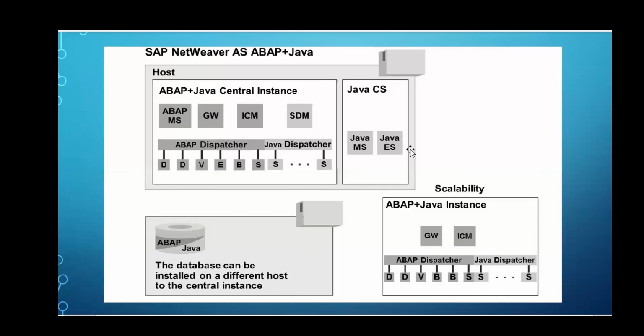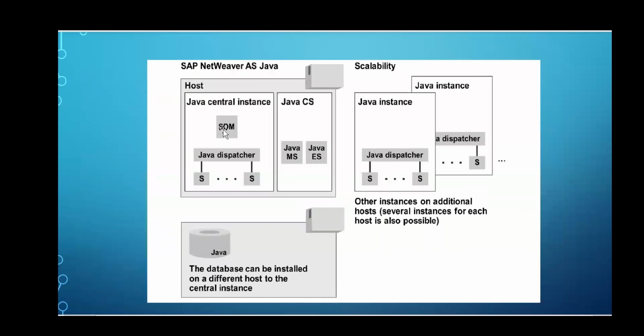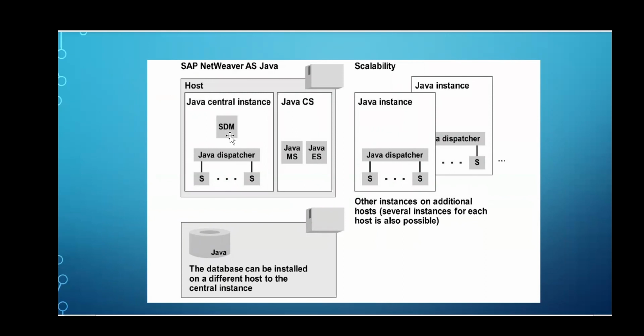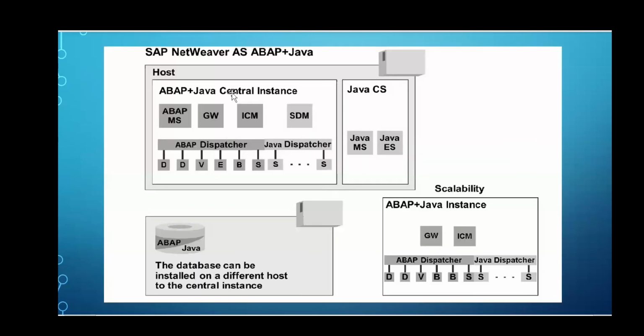This Java central, but in Java central instance previously, here it's combined, like SDM. I have my SDM here. In my Java central instance, I have my SDM. I still have it, right?